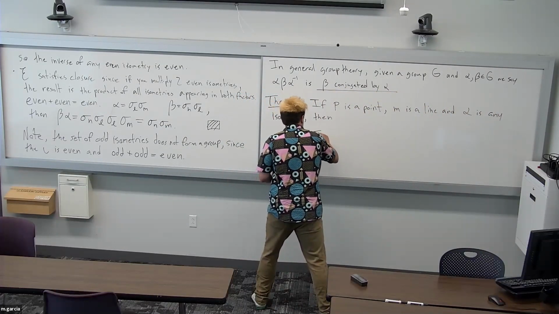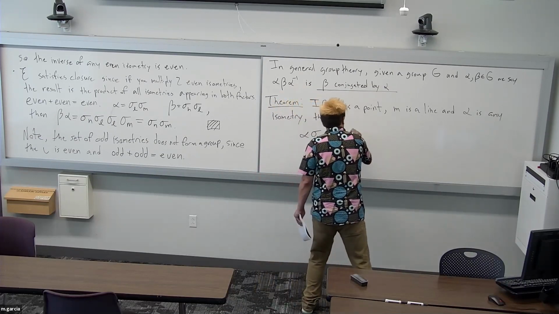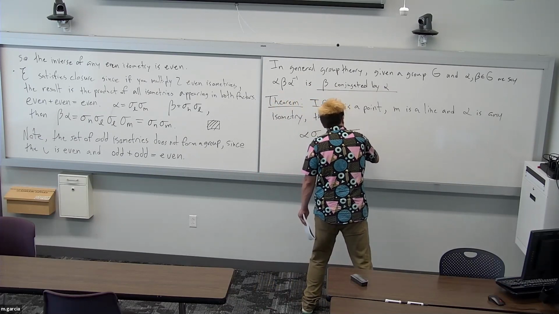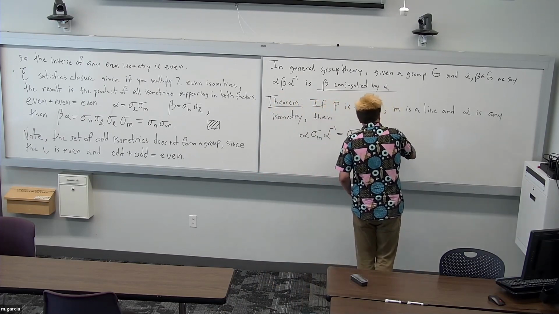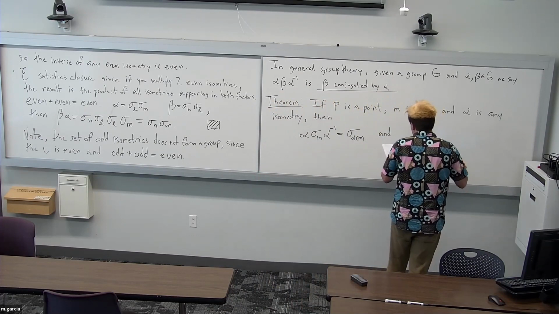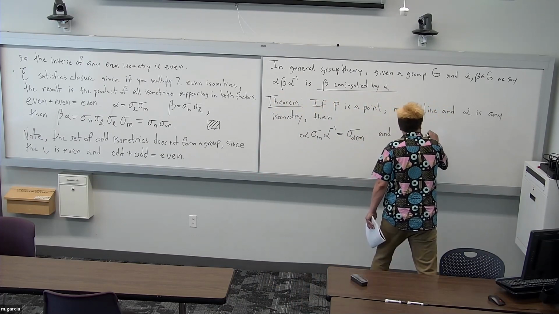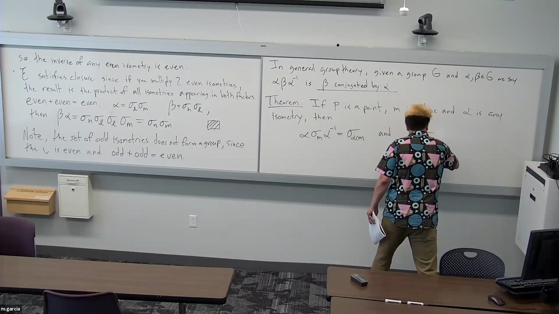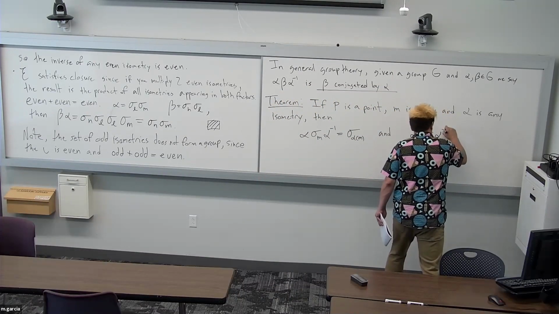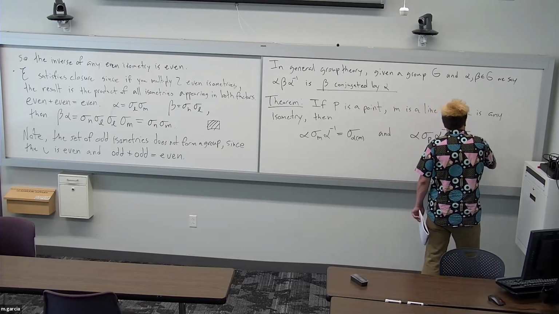Alpha times sigma sub m times alpha inverse is just equal to sigma sub alpha of m, and entirely similar for the half turn around P. Alpha times sigma sub P, sorry, it's a capital P, times alpha inverse is just equal to sigma sub alpha of P.